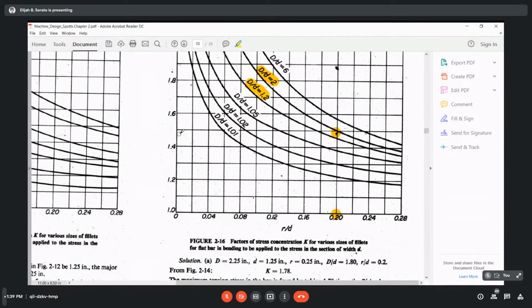It is close to 1.5, but not 1.5. Do you follow? Yes, sir. Okay, so I approximate it to be 1.48, almost 1.5.